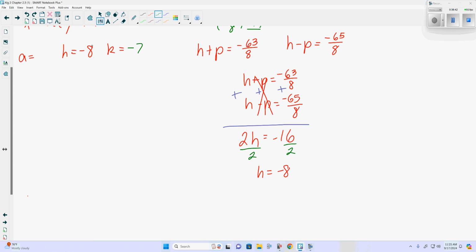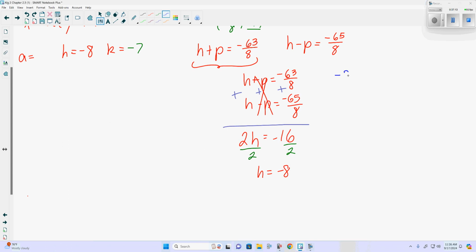Now we just need to find p, yes? I have two equations. We have that h plus p is equal to negative 63/8, and we have h minus p is equal to negative 65/8. Personally, I would use this one here for one reason and one reason only. There's fewer steps. P is positive. I don't have to adjust for p being negative.